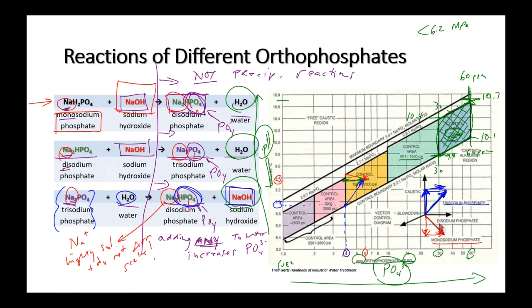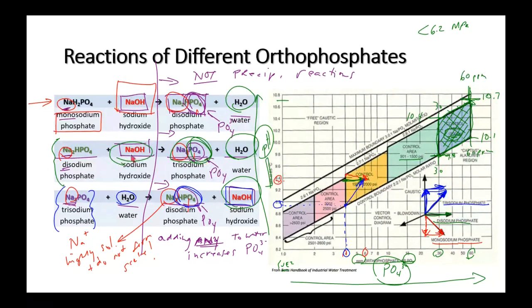Disodium phosphate. Bingo, disodium phosphate. Okay, so if I had disodium phosphate, let's take a look at this one here. It consumes hydroxide. It produces trisodium phosphate, and the phosphate is good. We want the phosphate.